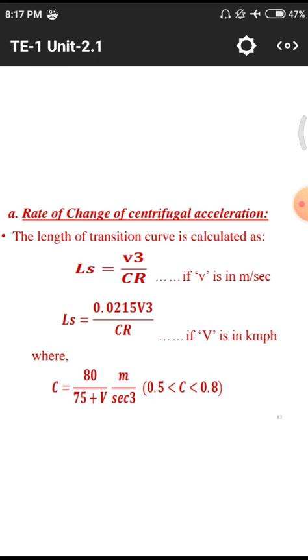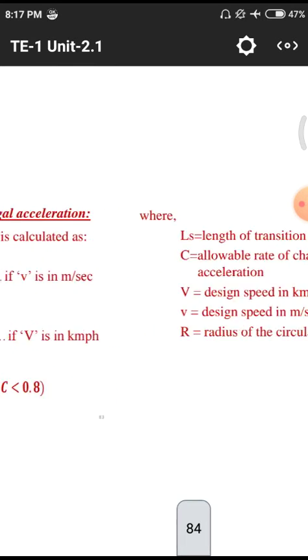We find the length of the curve in meters, using meters per second or kilometers per hour as required. These are the formulas for the rate of change of centrifugal acceleration: V cubed by CR and 0.0215 V cubed by CR, depending on conditions.